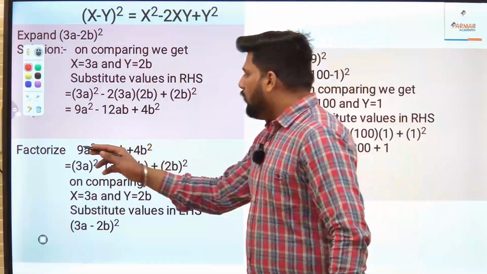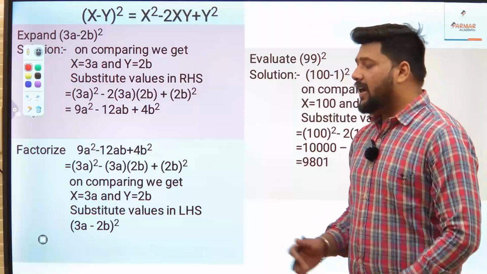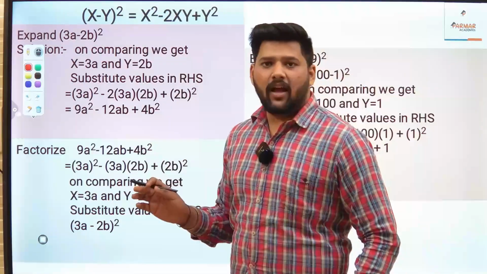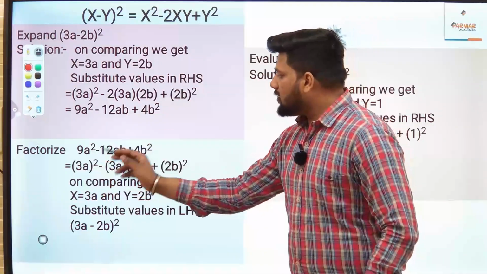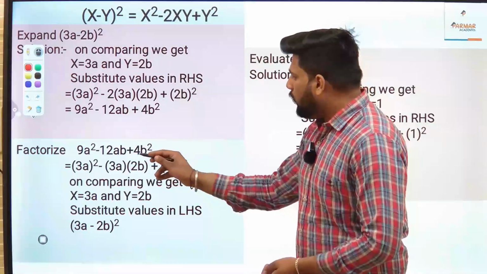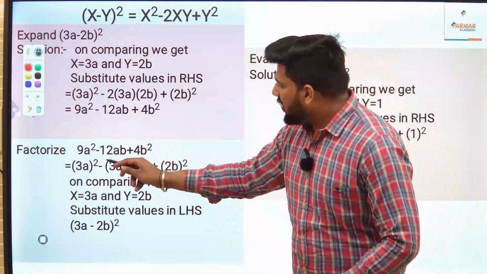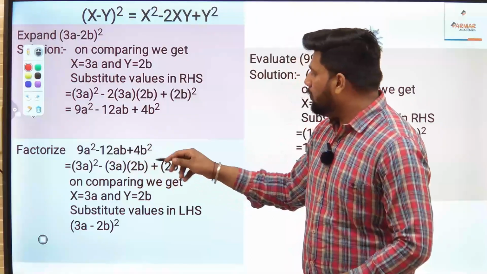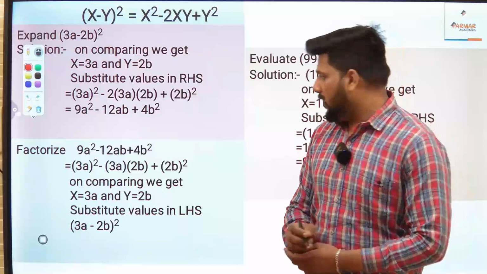And the next is factorize 9a square minus 12ab plus 4b square. Again the expanded form is given and we have to factorize it. So first of all, 9a square is written as 3a whole square and 4b square is written as 2b whole square. Again we will split the middle term 12ab in such parts that will fulfill our requirement, that is 2xy.